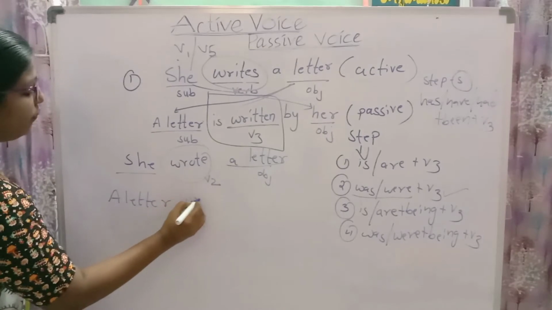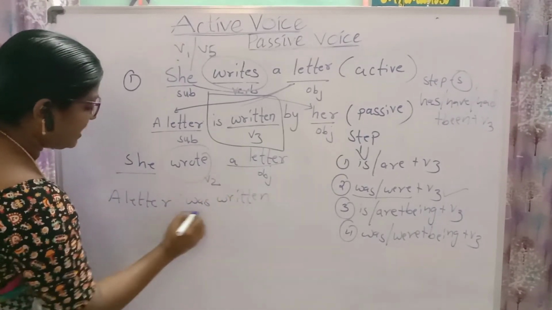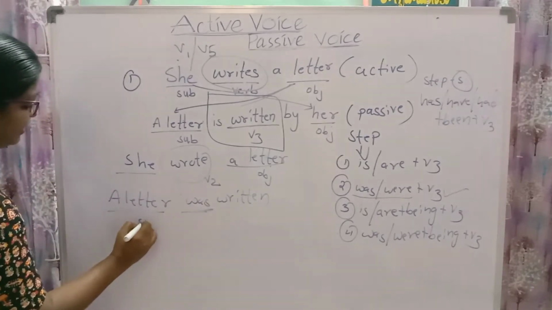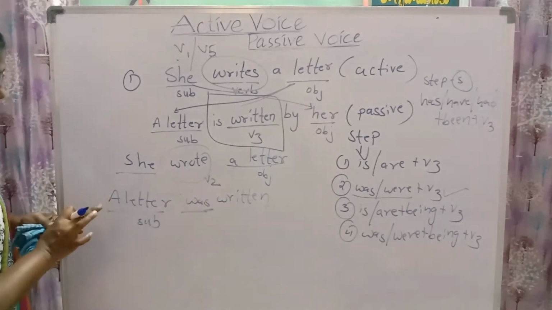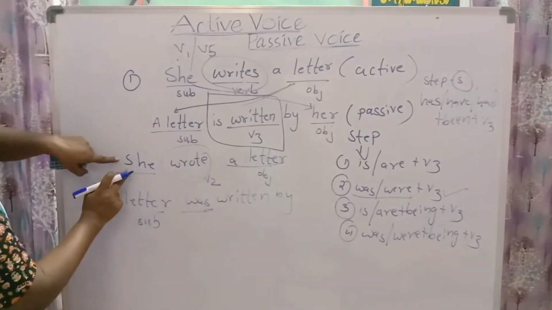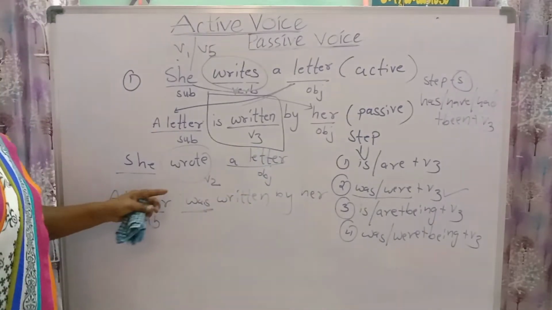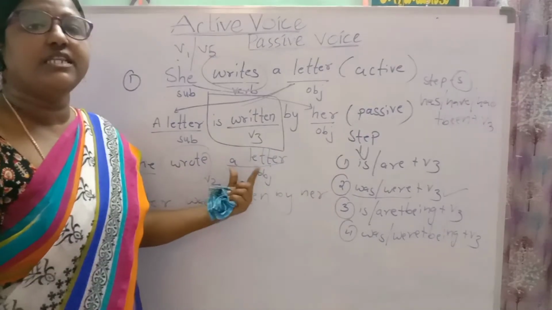It becomes was written. Why is it was? Because here the subject is singular. Then we take was written by her. The subject she becomes the object.